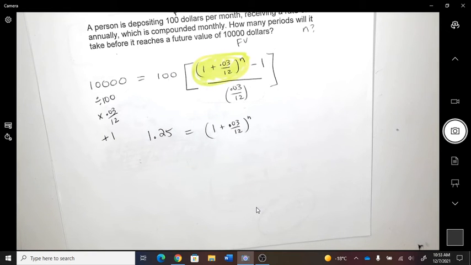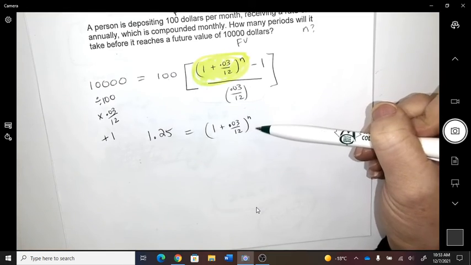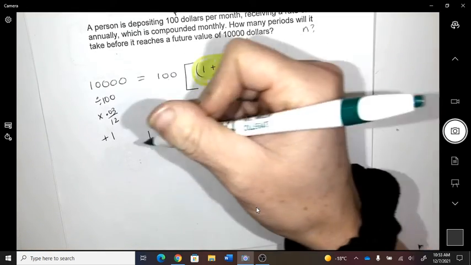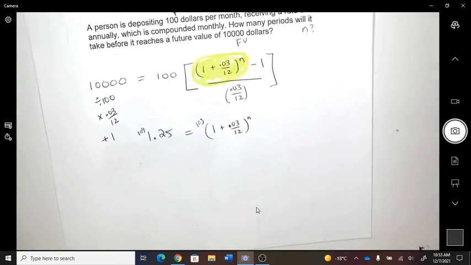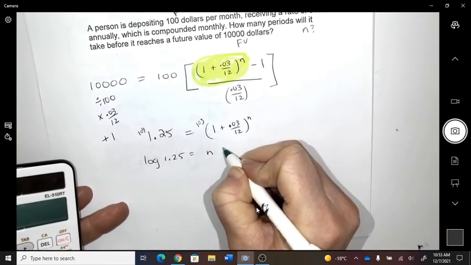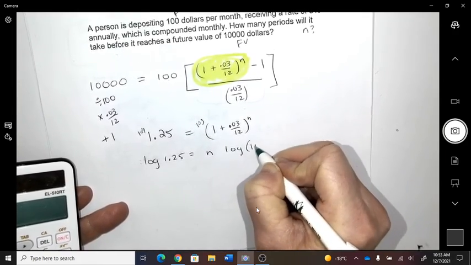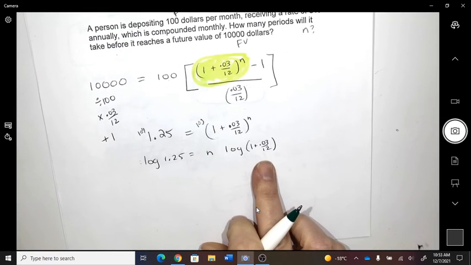Okay, so my variable is in my exponent position, so the trick is to log both sides, and I don't see any e's, so there's no point in that. I'm going to log. So this is a unit, it doesn't separate.